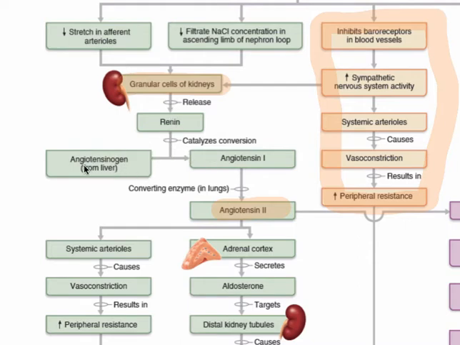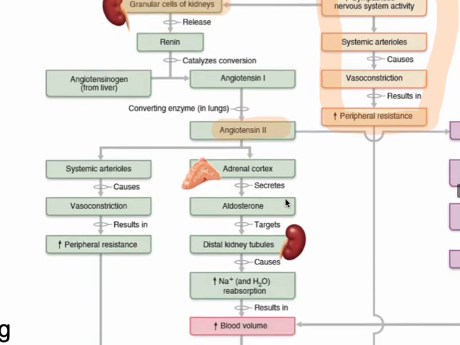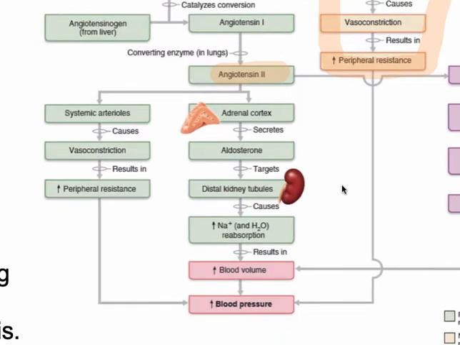Renin works as an enzyme to convert a chemical called angiotensinogen to angiotensin I. But the real important chemical in this is angiotensin II, the vasoconstrictor. So the end result is aldosterone reabsorbs more sodium. Water follows that, thus increasing blood volume and increasing blood pressure, because we know that blood volume and blood pressure are directly related.